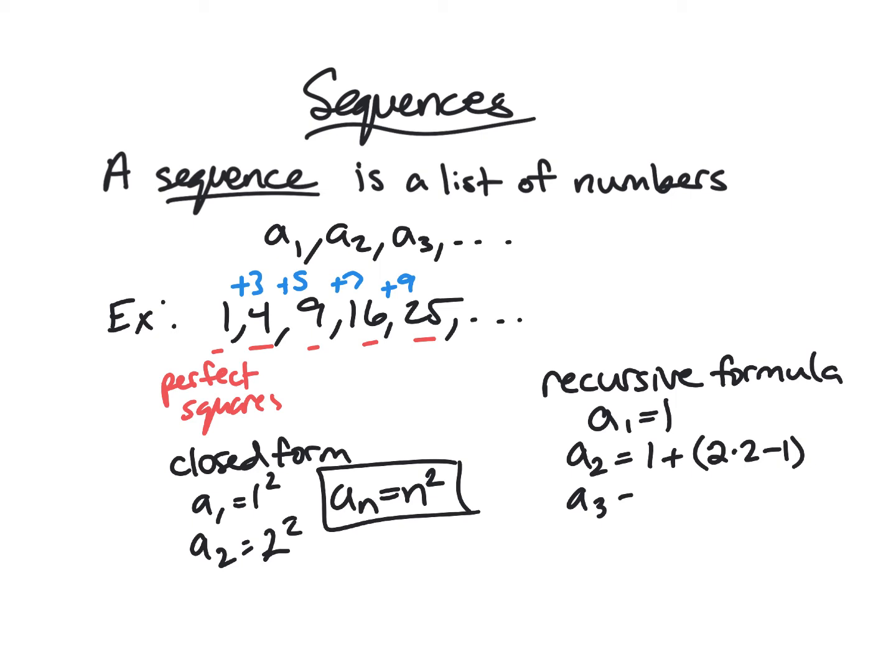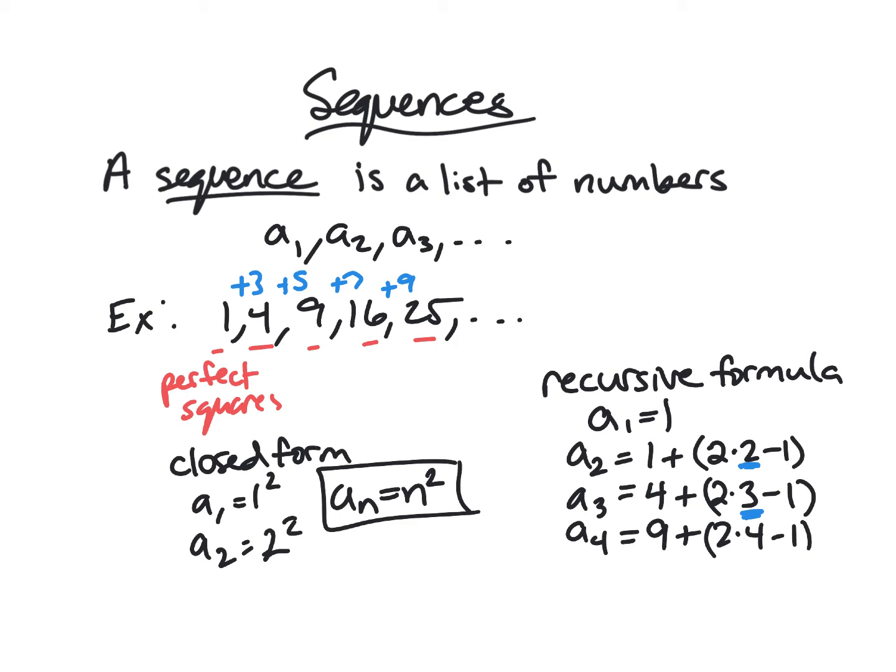A3 is then 4, the previous term, plus 5, which we can write as 2 times 3 minus 1. Let's do one more just to make sure. A4 is 16, and this is 9 plus 7, and 7 is 2 times 4 minus 1.